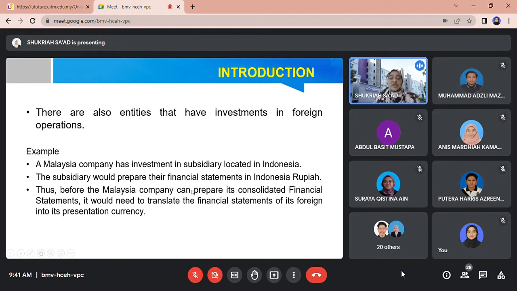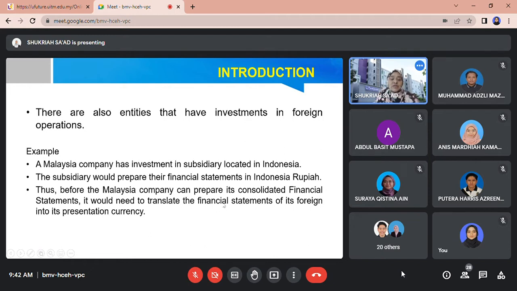So transaction dia dalam bentuk US dollar. So US dollar tu adalah dia punya functional currency. So sekarang ni kalau tengok Malaysia, ringgit Malaysia, subsidiary dia prepare statement dalam bentuk Indonesia rupiah, but functional currency dia adalah US dollar.